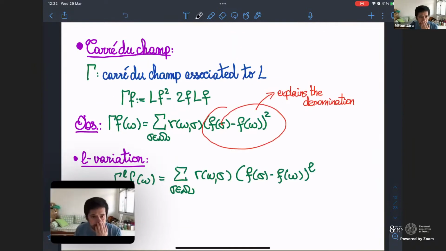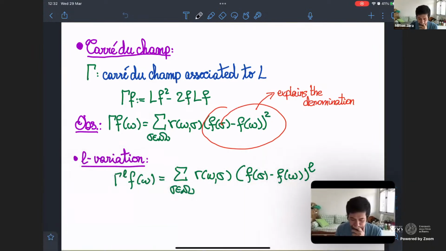So, a quick definition. An object that pops up in our methodology, which is maybe not so popular in the context of Markov chains, is what is called the Carré de Champ. This is a bilinear operator associated to the generator, which in the case of a Markov chain has a very simple expression.